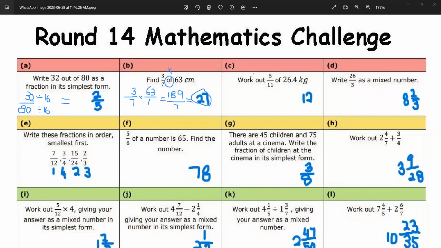Question C. Work out 5 out of 11 of 26.4 kg. Same thing. "Of" means times, so times 5 out of 11 times 26.4. 26.4 is the integer, so add the denominator for it, which is 1.